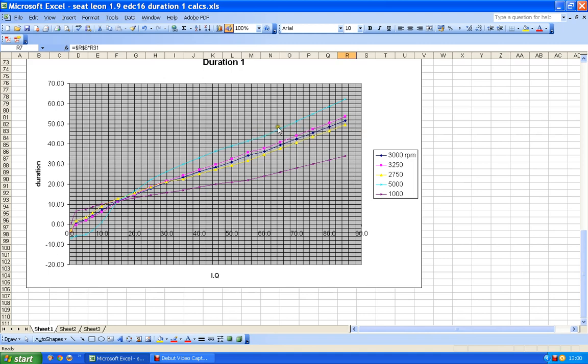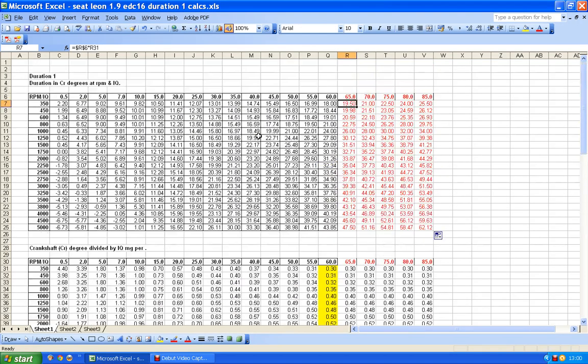So I have severe doubts that my new 65 is actually possible. As I said earlier, it wouldn't surprise me if 60 milligrams at 5,000 revs is already maxed out at 44 degrees.